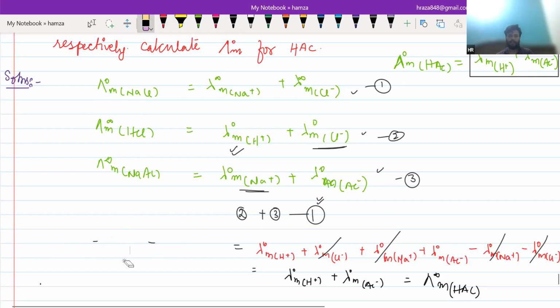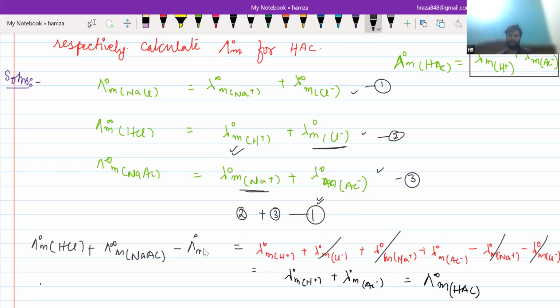Second plus third. What is the second equation? You can see the second equation is lambda naught M HCl, plus the third equation lambda naught M NaAc, and minus the first equation, like this. Now going to put the values and you will get your answer.